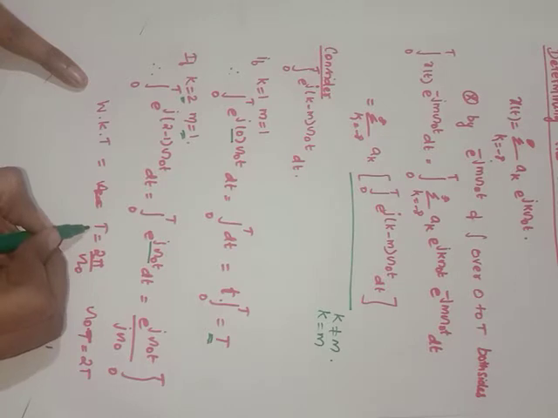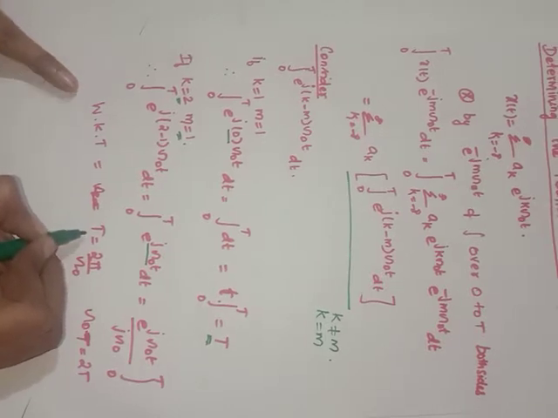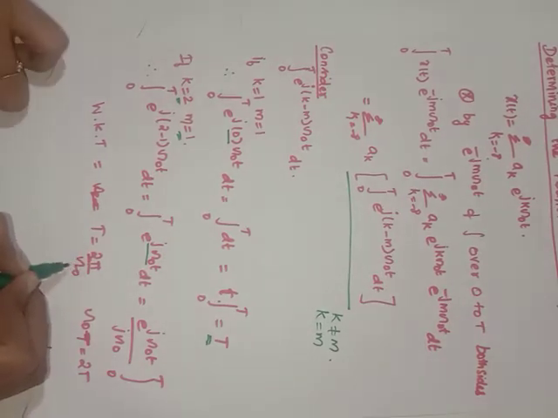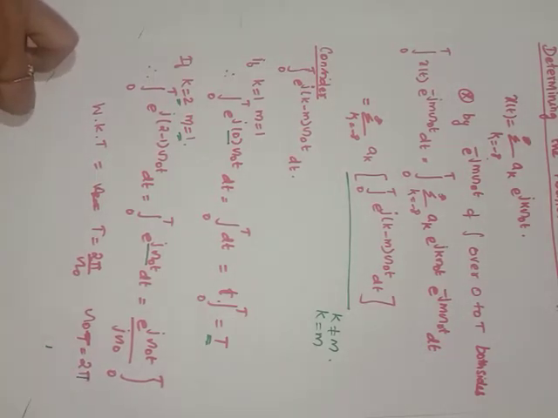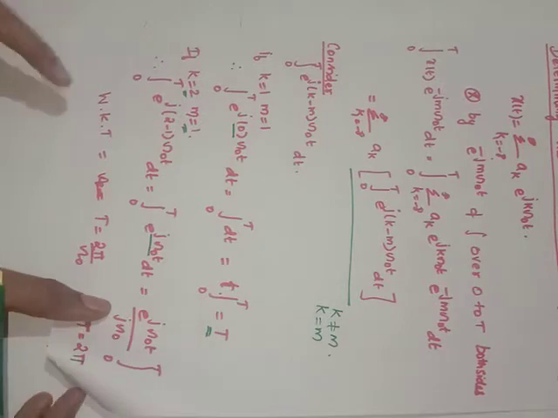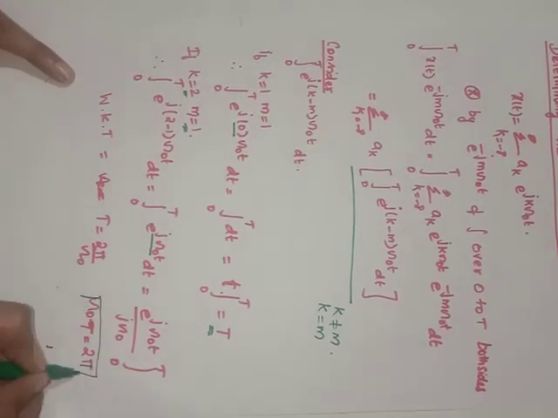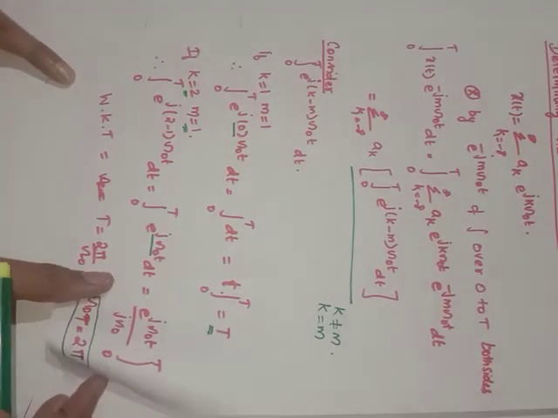Before substituting, we consider this part. We already know the equation for the fundamental period, T equal to 2 pi by omega naught. From this, omega naught T can be represented as 2 pi. So wherever I have capital T I am going to have 2 pi.